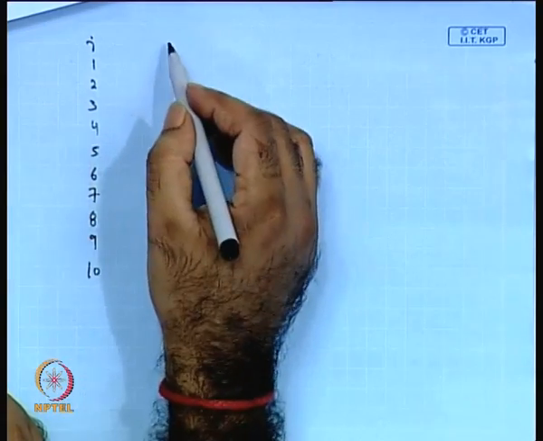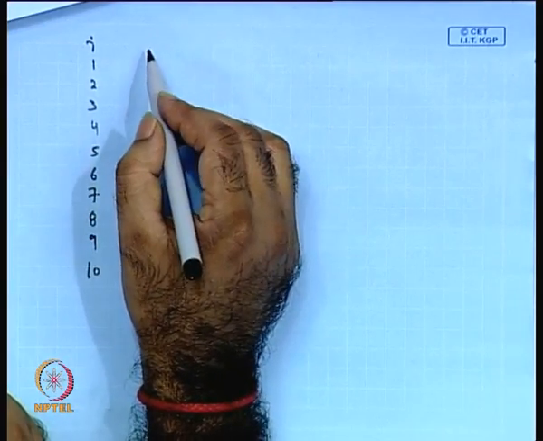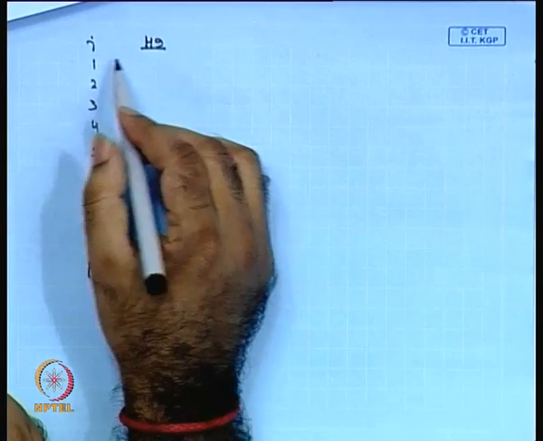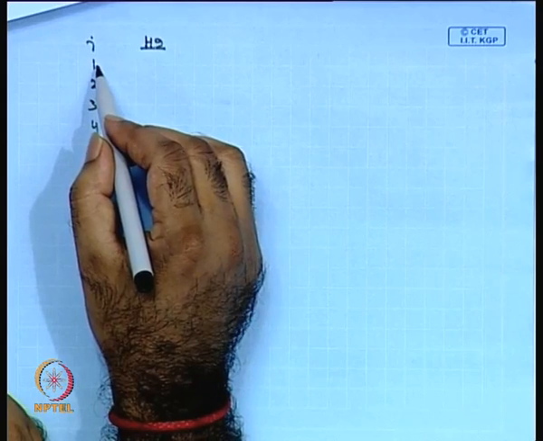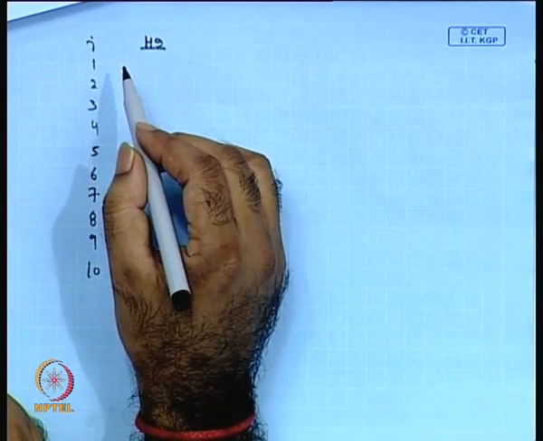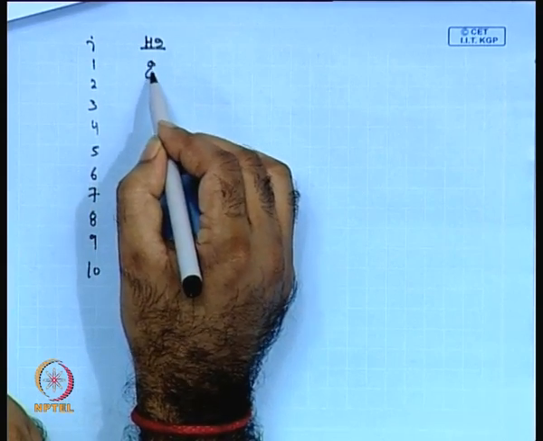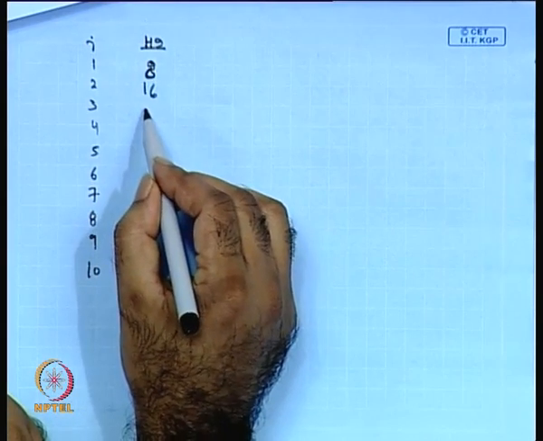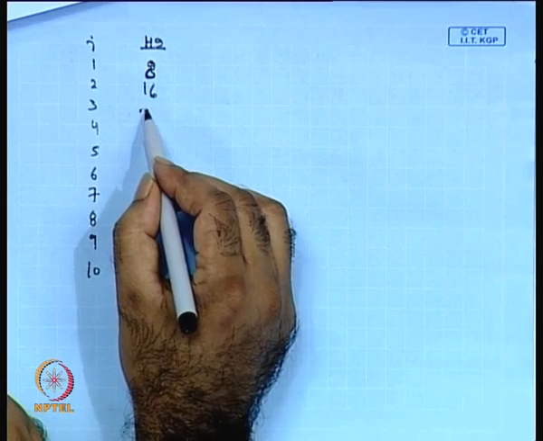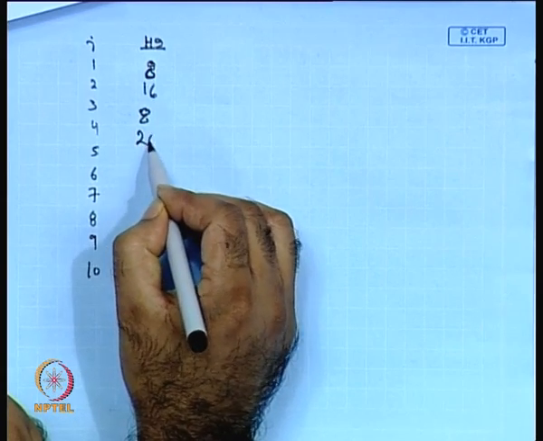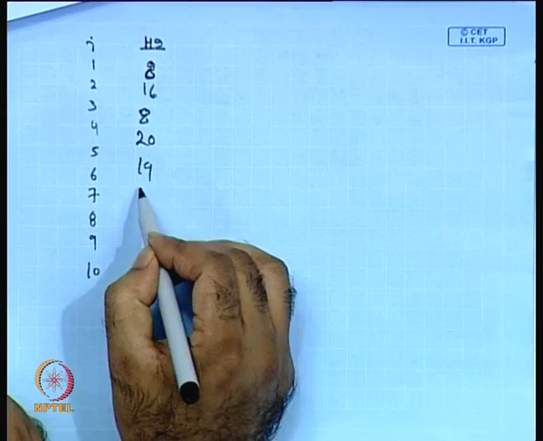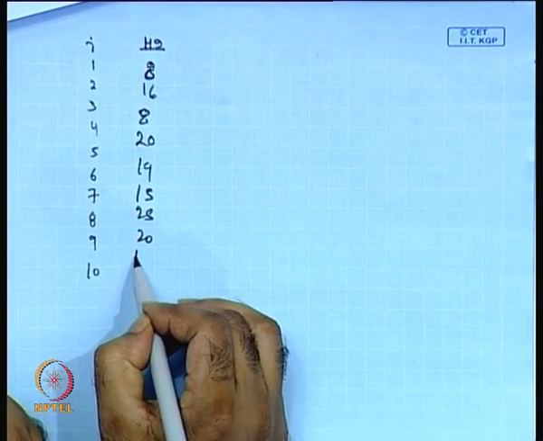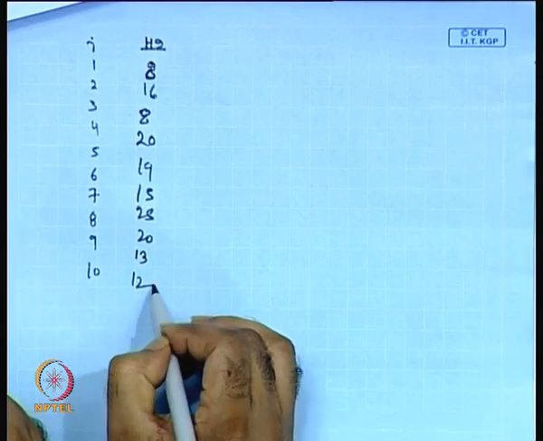So, what we discussed in the case of the binary choice model: this is the family household income for the sample. We take 8, then 16, then 8, then 20, then 19, then 15, then 25, then 20, then 13, then 12. This is the sample.